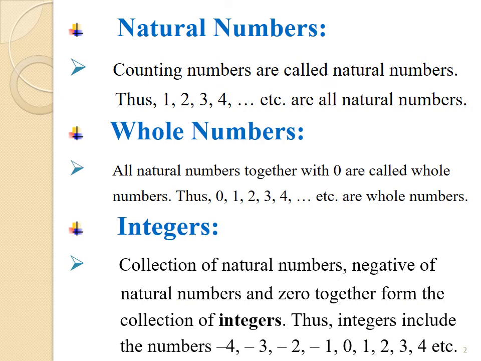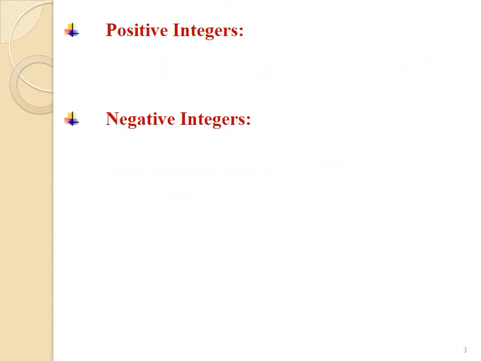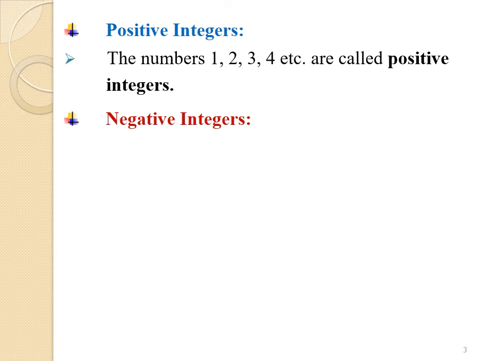Thus, integers include the numbers minus 4, minus 3, minus 2, minus 1, 0, 1, 2, 3, 4, etc. Positive integers. The numbers 1, 2, 3, 4, etc. are called positive integers.